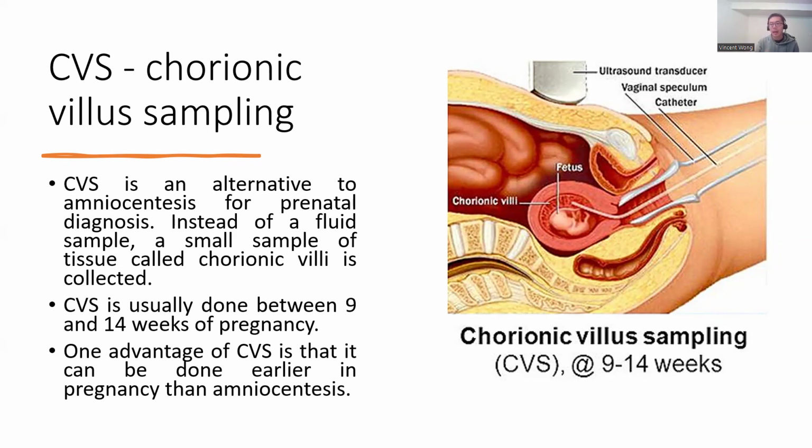That is the same genetic material as the fetus, as the baby. So you can take a little sample of those projections coming off the placenta, extract the cells from it and examine them. This one is done through the vagina, and you can do it a little earlier in pregnancy, 9 to 14 weeks.